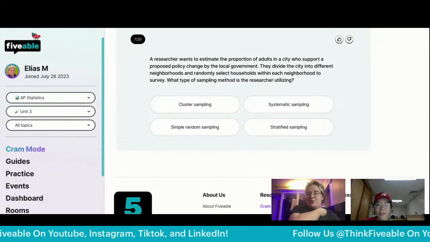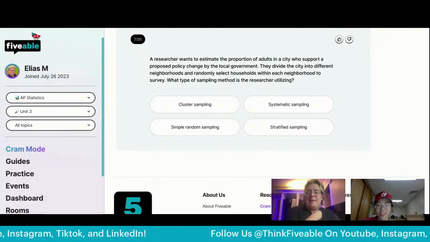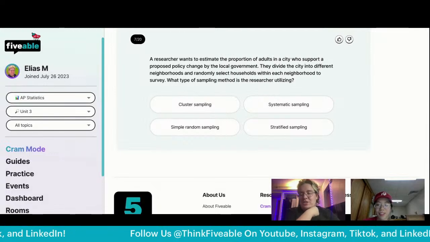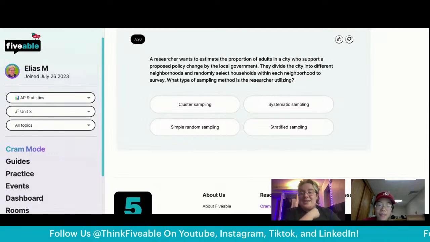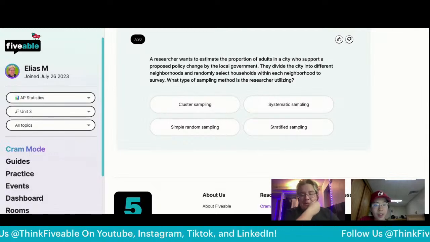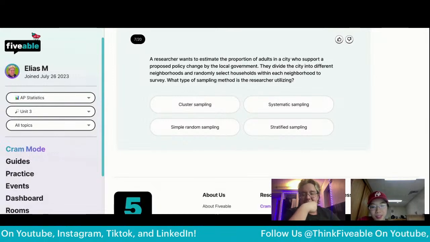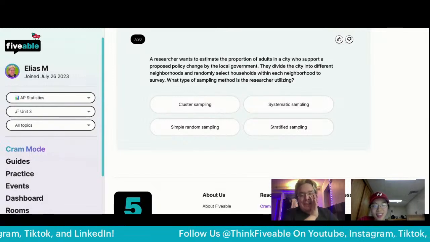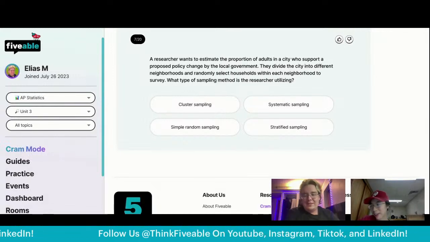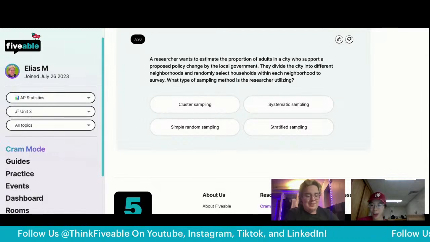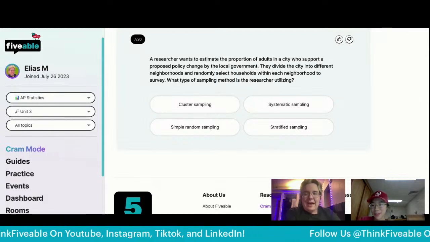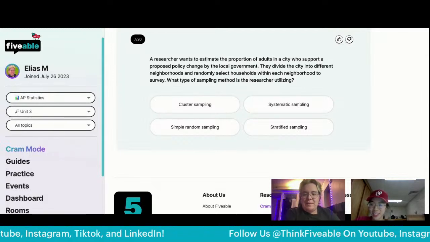Yes, correct. Not simple. Dare I say it, it's not systematic either. They're not going every 10th household on the block will be sampled. They're going neighborhood.